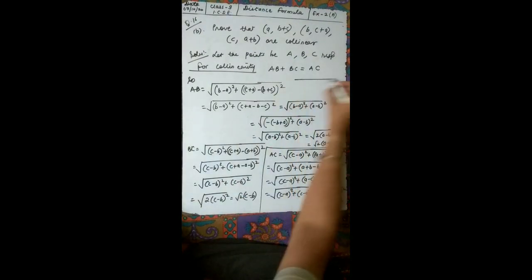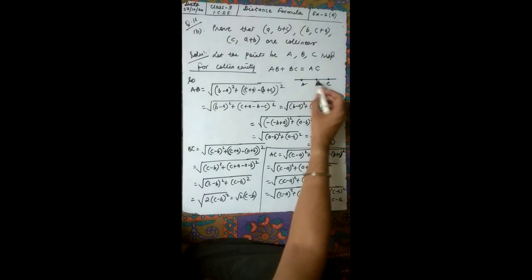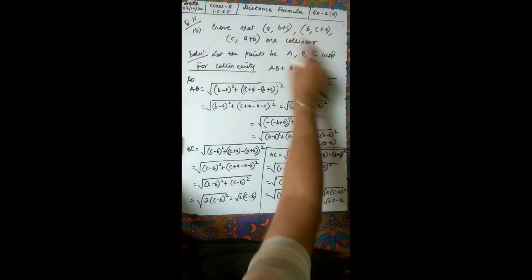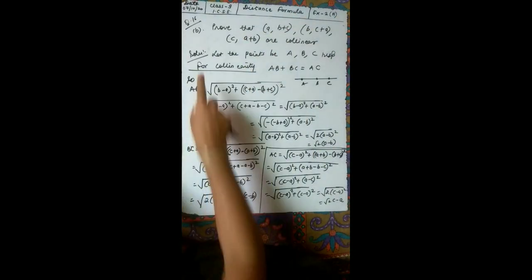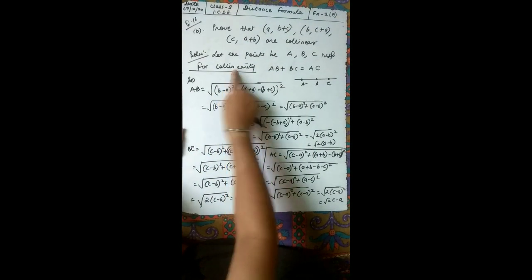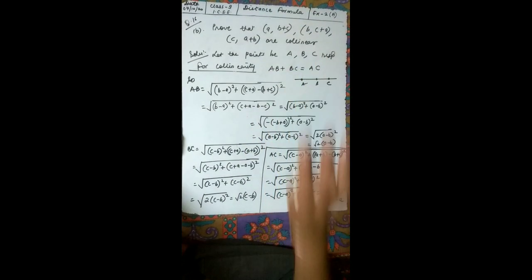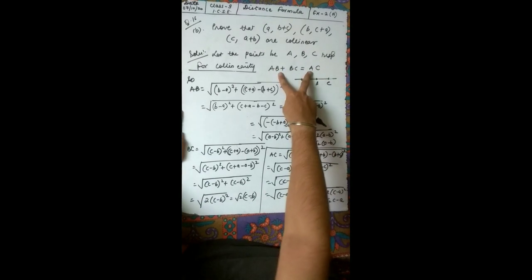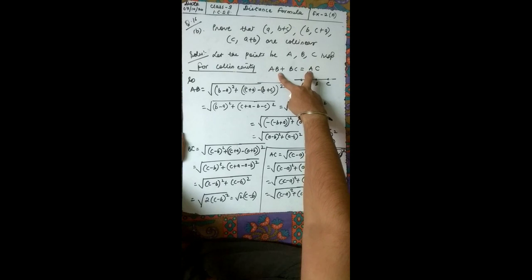For example, if this is the line and these 3 points lie on it, say A, B and C, we call these 3 points collinear points. Let us name them A, B, C respectively. For collinearity, one condition you have to learn: AB plus BC should be equal to AC. If this condition is satisfied, then we say that the points are collinear.